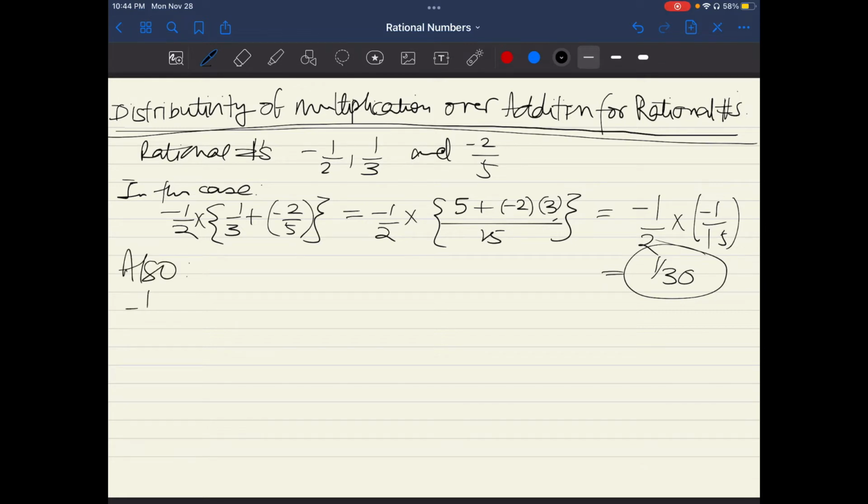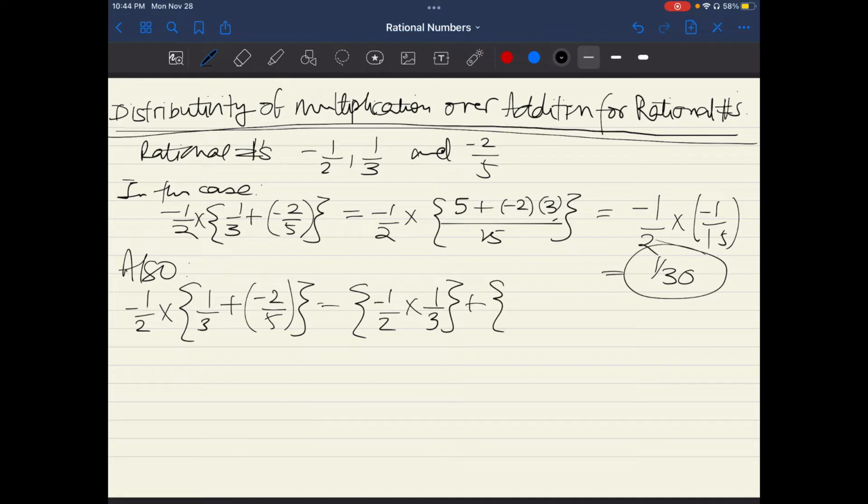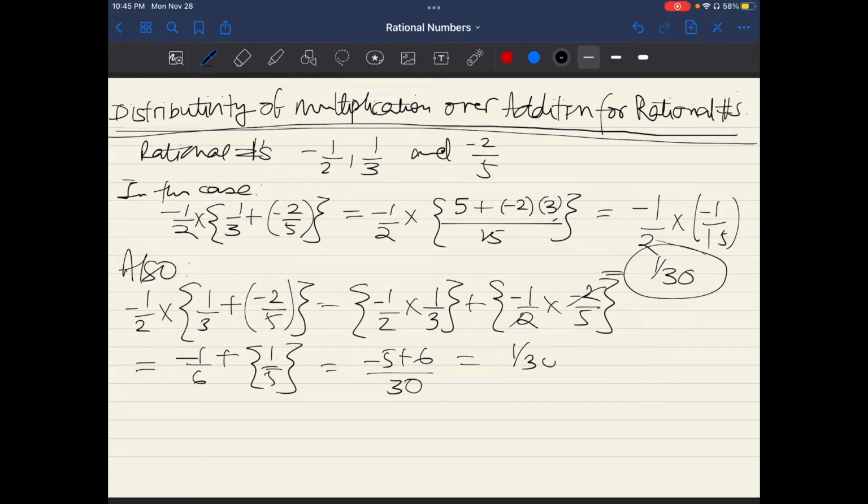Also, minus 1 over 2 times (1 over 3 plus minus 2 over 5) equals minus 1 over 2 times 1 over 3 plus minus 1 over 2 times minus 2 over 5, which equals minus 1 over 6 plus 1 over 5, which further equals minus 5 plus 6 over 30 equals 1 over 30. We see that LHS equals RHS.